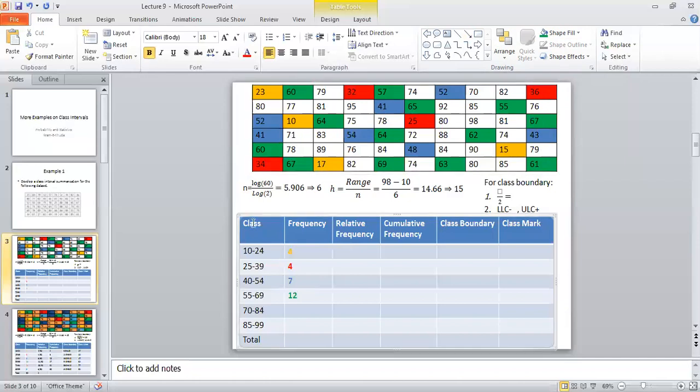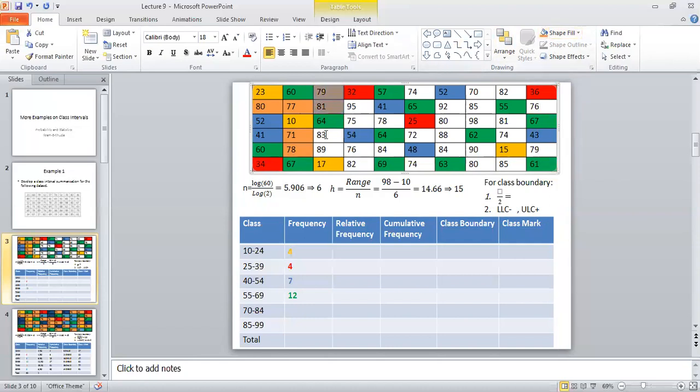Then 70 to 84. So 70 to 84 is 80 over here. 70 to 84, there's 77. And then we have 70 to 84, 78 and 71. Both are coming over here. Then 70 to 84, we have got 79 and 80.